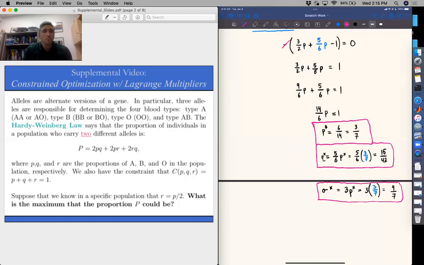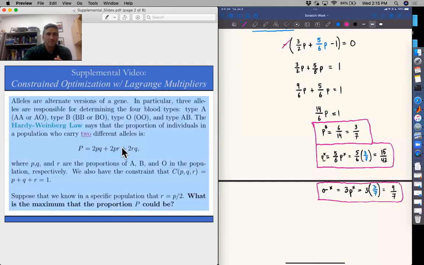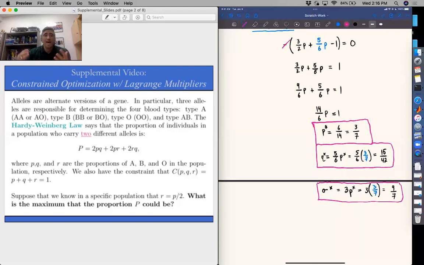Now at this junction, we haven't proven if this is actually a maximizer of capital P. Again, if we go back to the beginning, what we're interested in is maximizing that value of capital P. How do we do that? Well, we will take the Hessian matrix of this system, which is actually what we call a bordered Hessian because it's a Lagrange multiplier problem.